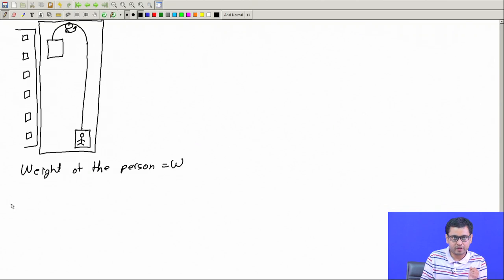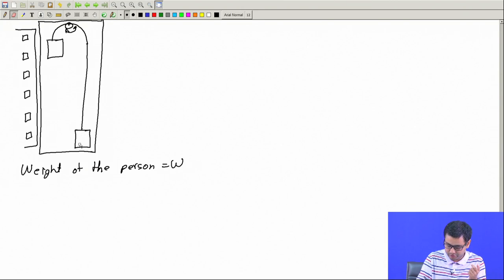W. And now, how fast this elevator will fall will depend on the weight of the person entering or leaving the elevator.